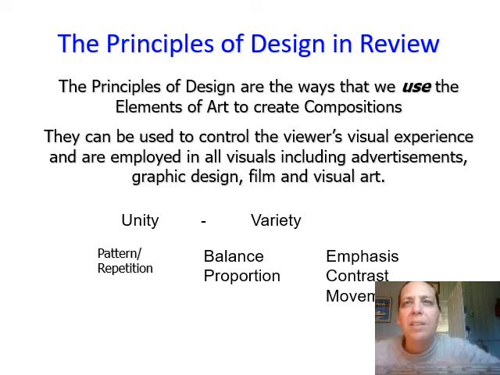And then emphasis, contrast, and movement tend to always add variety to a composition. So this classification is not important. It's just a way to think about these ideas and how both are important. Bringing the artwork together, making it look finished and like it belongs together is important, but also mixing it up and making it original is important to making it interesting and unique.